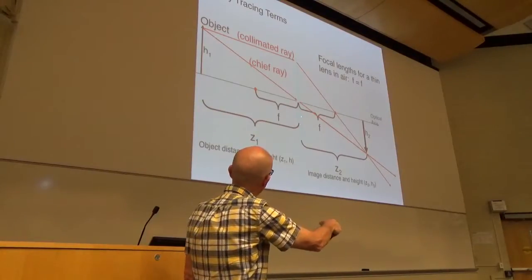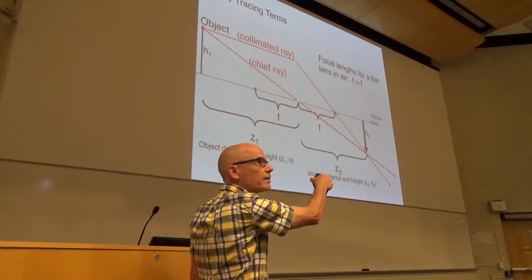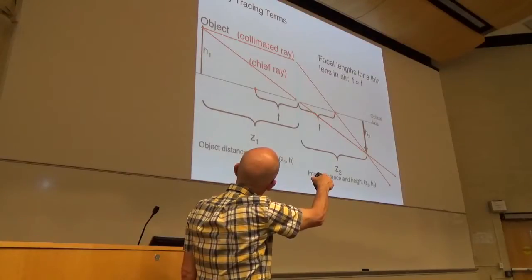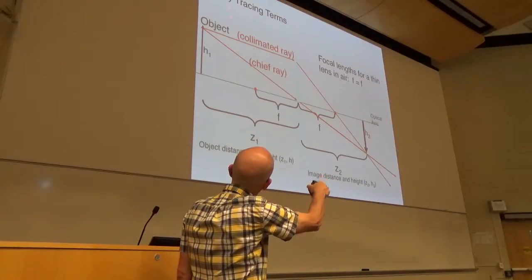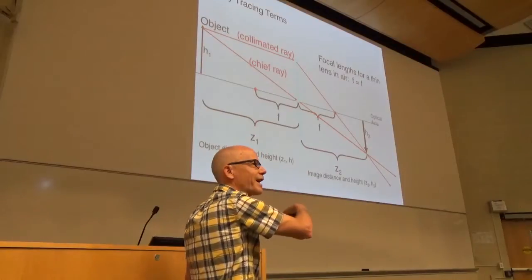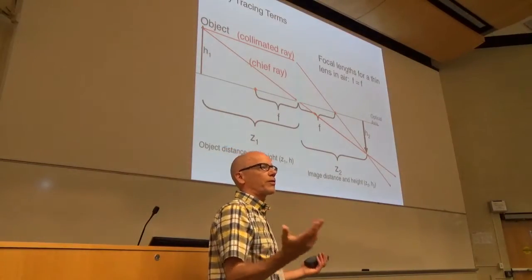Except they do if you backtrack, and they come to a focus back here. Those lines would intersect back here someplace. And notice that then I would have my arrow right here, very big, and on the same side of the lens as the object, which is what's called a virtual image.